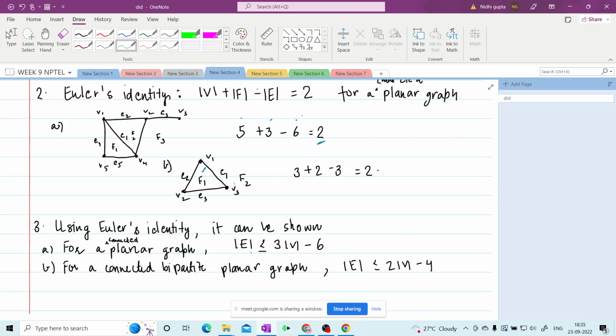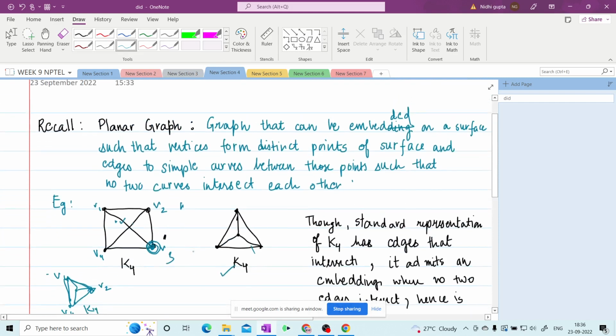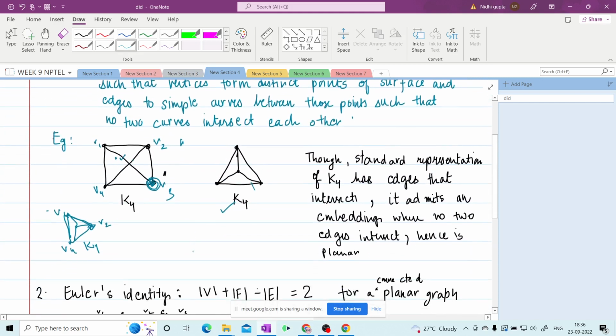And this upper bound can be made better in case of a connected bipartite graph. So if we have a connected bipartite planar graph, then the number of edges should always be less than or equal to 2 times the number of vertices minus 4. So this was a brief recall of planar graphs and some of the results on planar graphs.